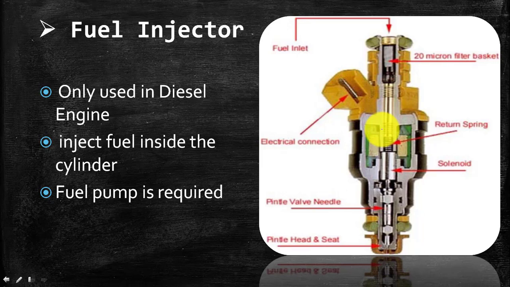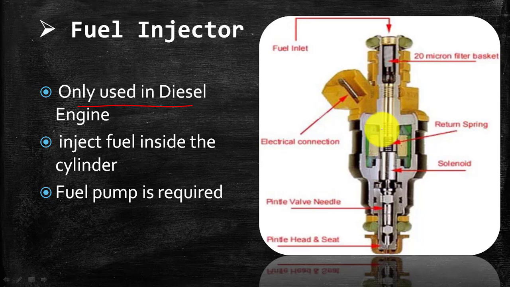Fuel injector, the main function, it injects the fuel inside the cylinder. Now as I said, the fuel injector is utilized in the diesel engine only, and diesel engine operates at a high compression ratio.